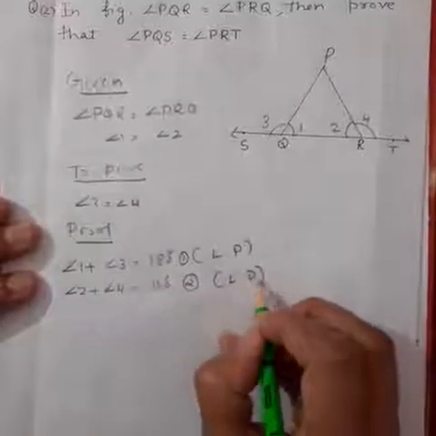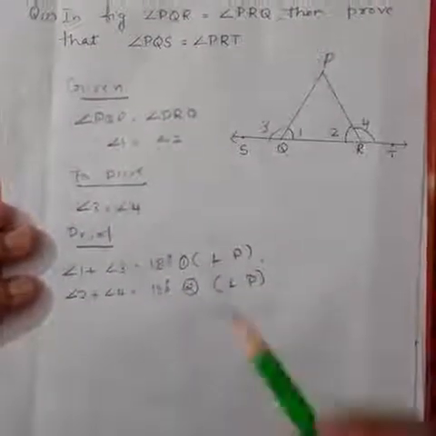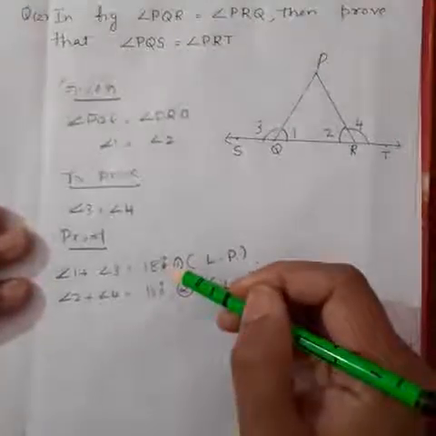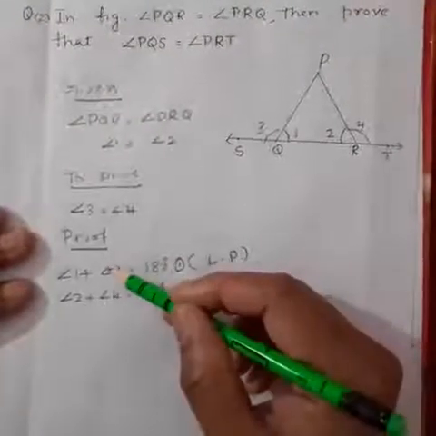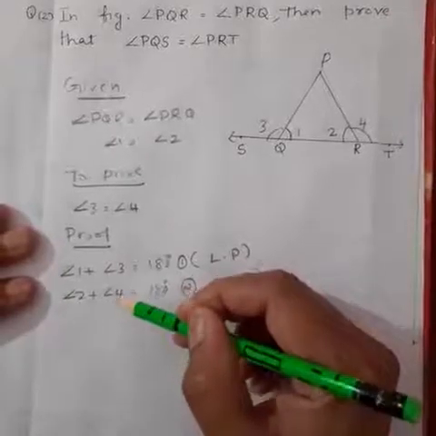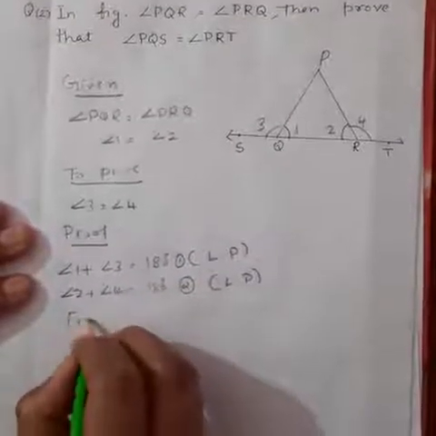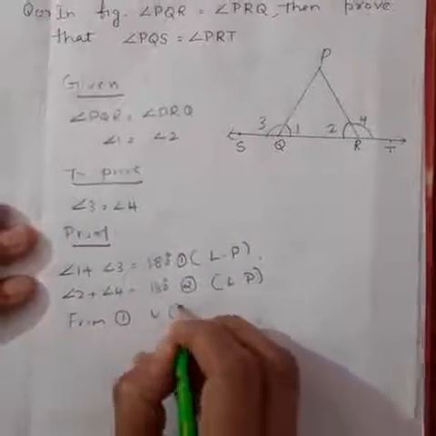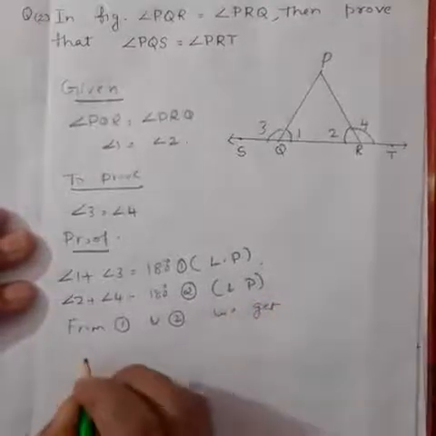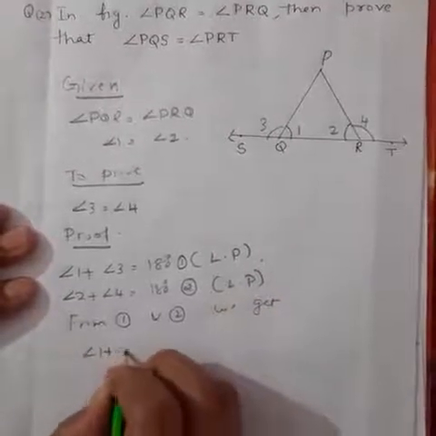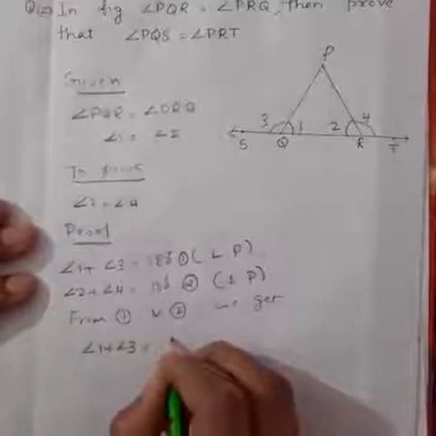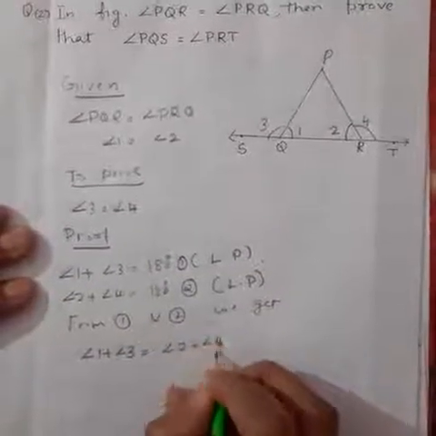This is because they also form a linear pair. Now just compare. RHS is equal here, then LHS is also equal. So from 1 and 2, we get angle 1 plus angle 3 is equal to angle 2 plus angle 4.